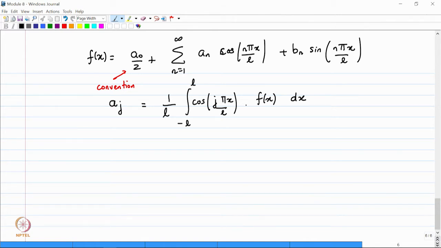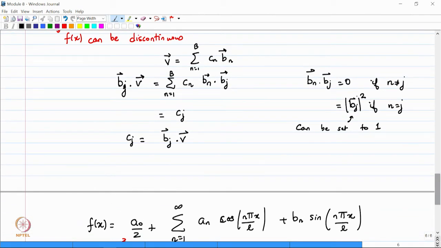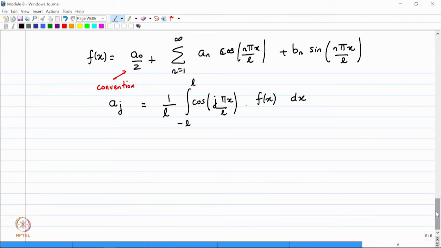In fact, you can easily verify that something like this is true by taking various choices of f of x. Now again this 1 by L factor is like a normalization constant. So, this is a j and this is valid for j equal to 0, 1, 2 up to infinity, and b j you can write in a very similar way.